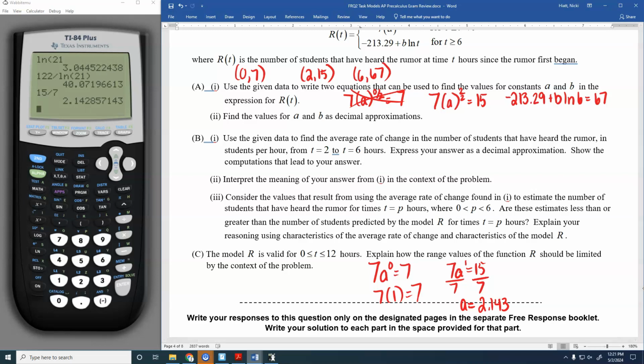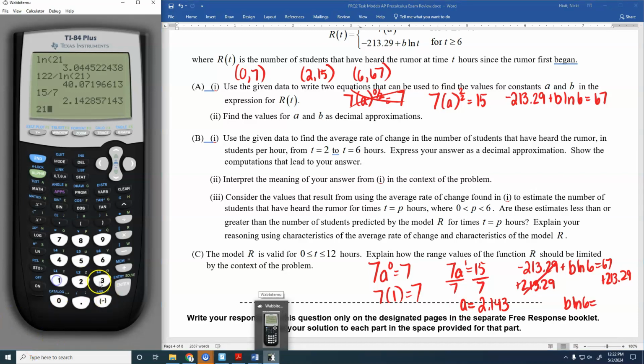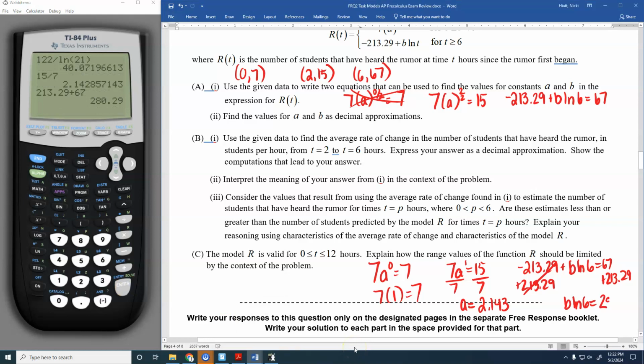And then for the last one, we'll have negative 213.29 plus b natural log of 6 equals 67. We'll need to add 213.29 to both sides. B natural log of 6 will equal 213.29 plus 67, which is going to give us 280.29.